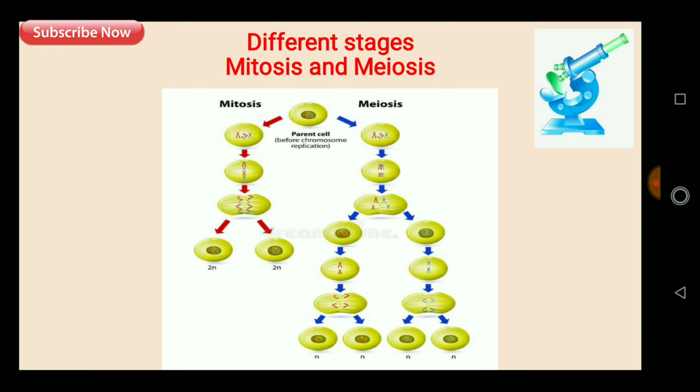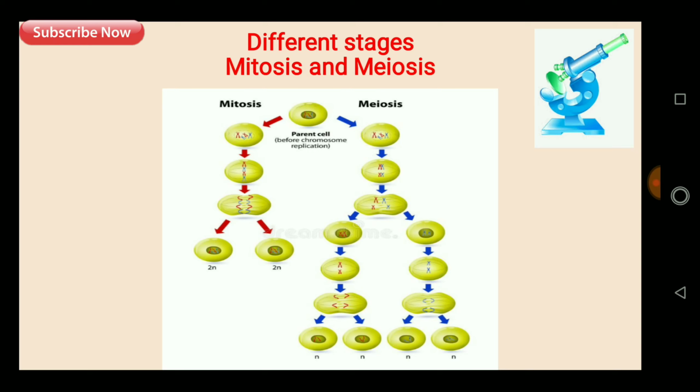So the parent cell can be divided mitotically, going through 4 to 5 stages. The first stage is the interphase, the second is the prophase, the third is metaphase, the fourth is anaphase, and the fifth is the telophase.